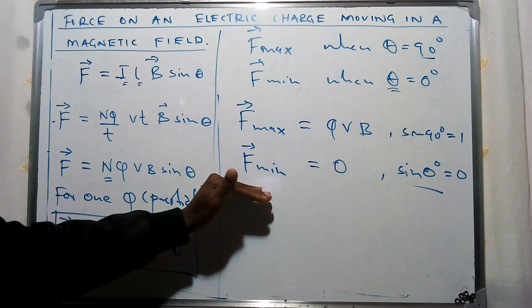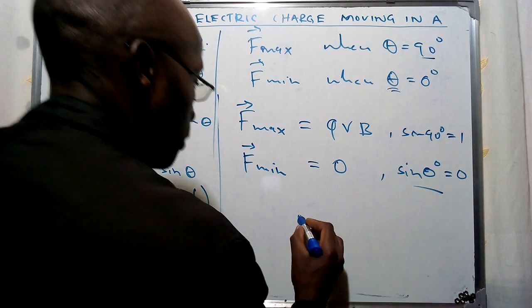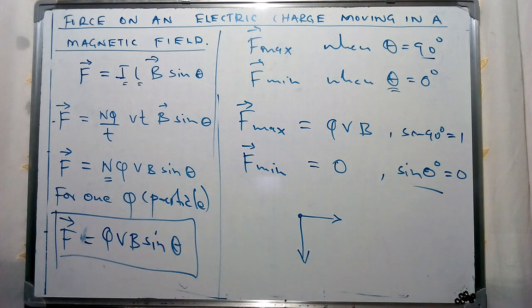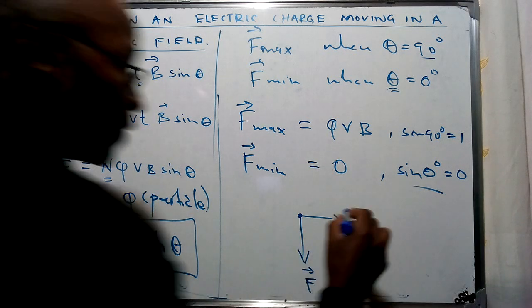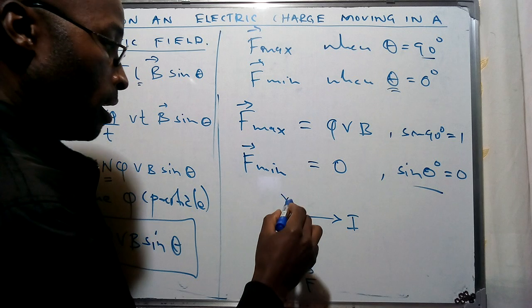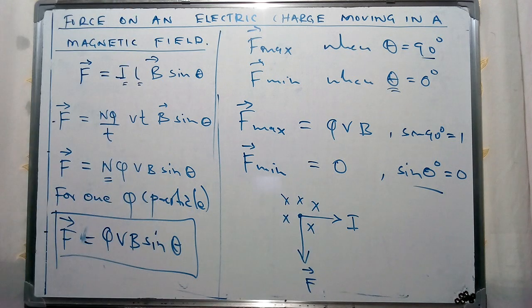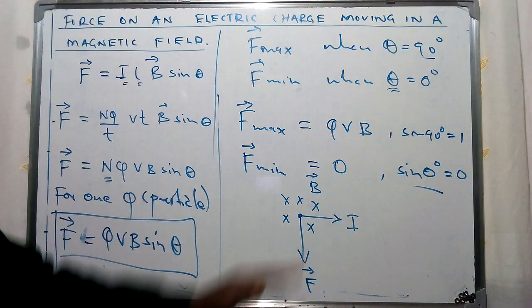Lastly, we can define the direction of this particle, which is moving in a magnetic field, by using the right hand rule, which we had mentioned in some of our videos. So we're going to have the force acting in that direction, whereby the current is acting in this direction, and then we're going to have these symbols indicating the magnetic field moving into the board if we are to use this orientation from our side.